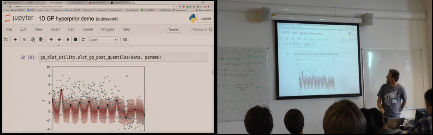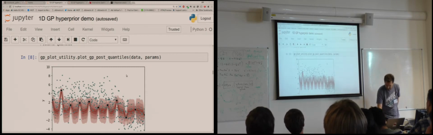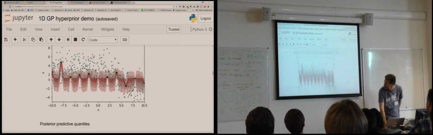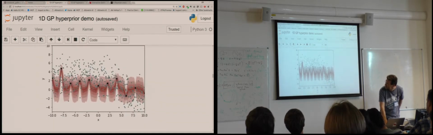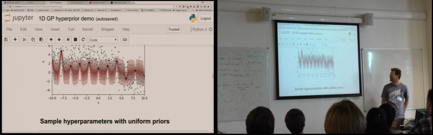And here are the posterior quantiles for the function, the previous for the realizations, or predictive quantiles, which looks about the same because the noise is practically 0, so it's only about the uncertainty where the function goes.